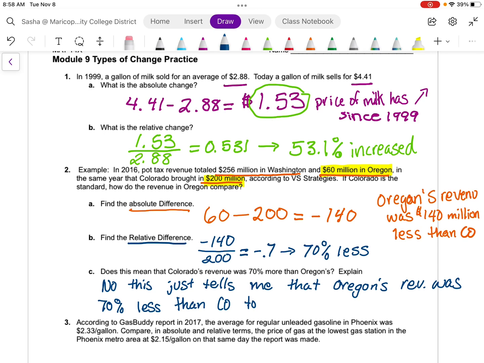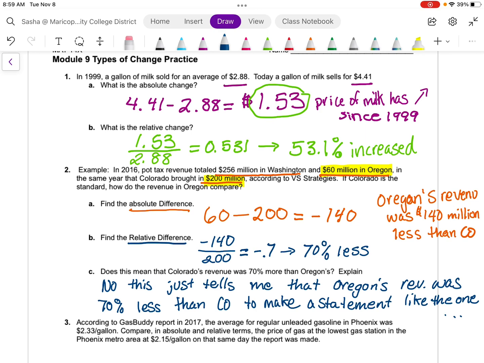To flip it around, I would need to change my standard. For a statement like the one given, I'm not going to fill this all in, but I would need to recalculate my relative difference using Oregon as the standard and Colorado as the one I was comparing it to.